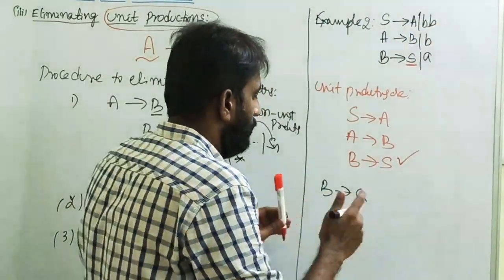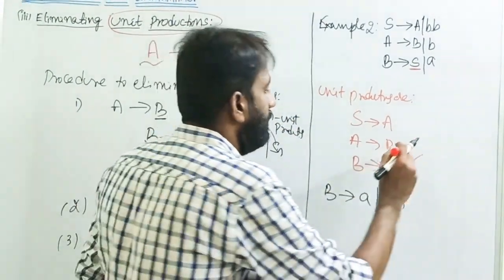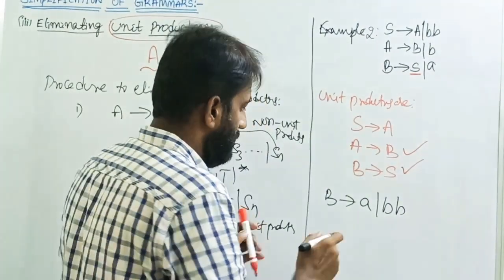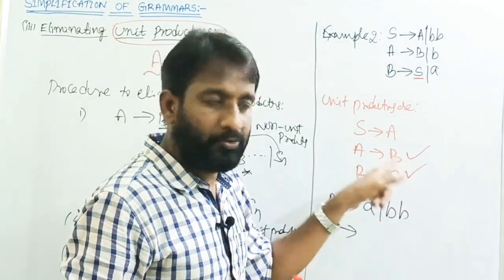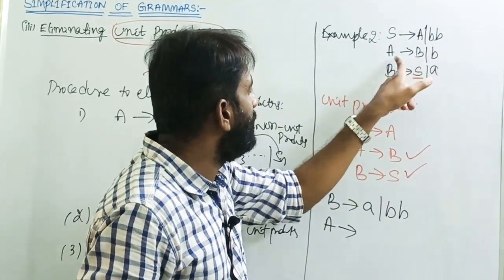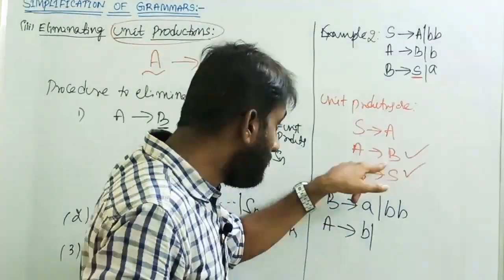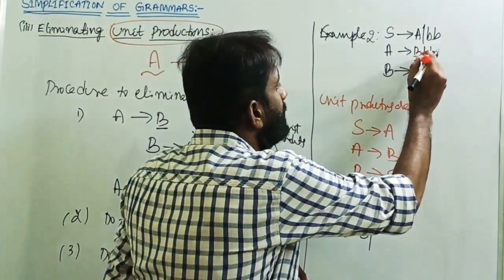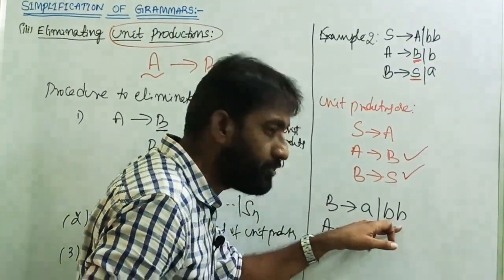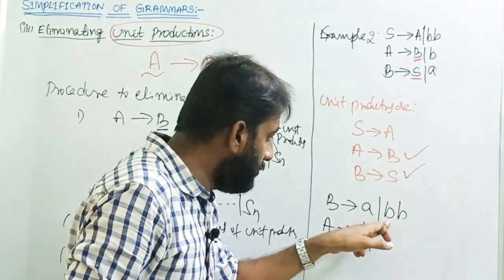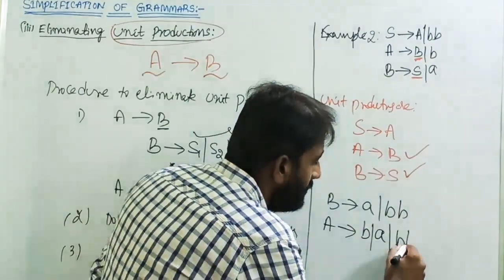Double B. So add double B. Then take the next production, A tends to B. I am going to remove B from the A production, so add B's non-unit productions. We are removing this one. What are the B non-unit productions? Don't consider from this point; we have already processed it. The B non-unit productions are all these. Add these B non-unit productions to the A production. So the result is A slash double B.